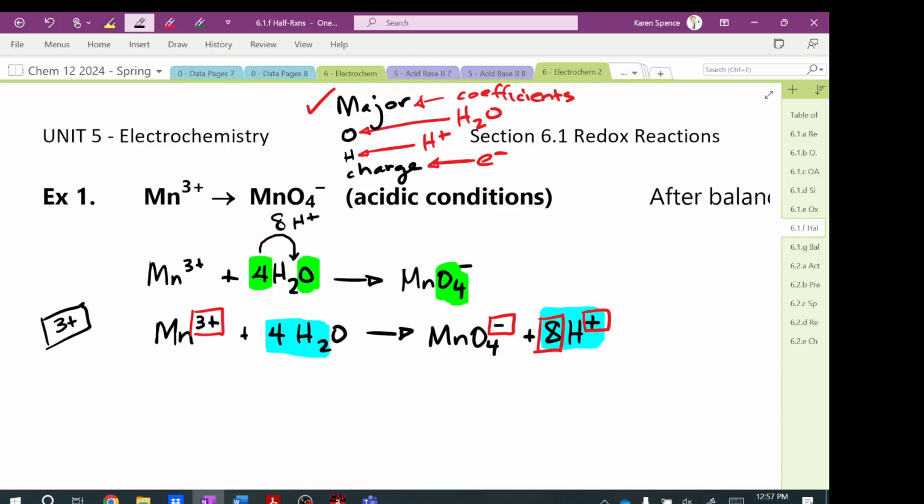And I tend to mess up if I don't write this out. So I'm going to write that I have a -1 and I have a +8. And together, those make +7. Yes? Okay.